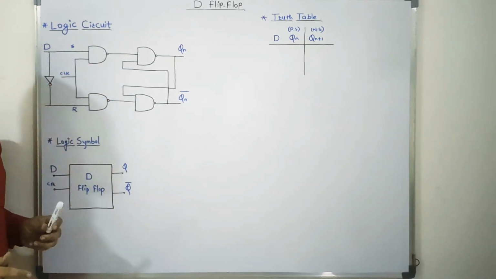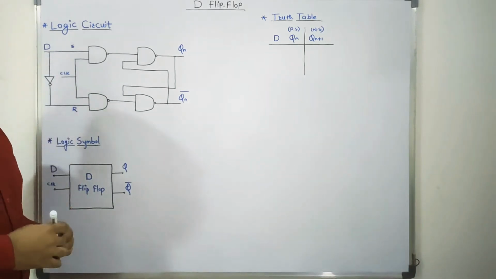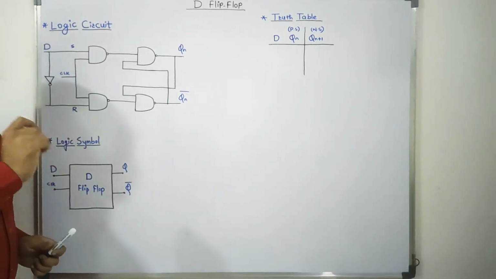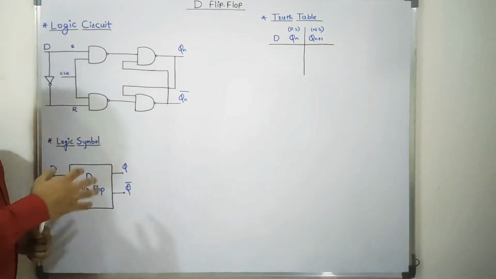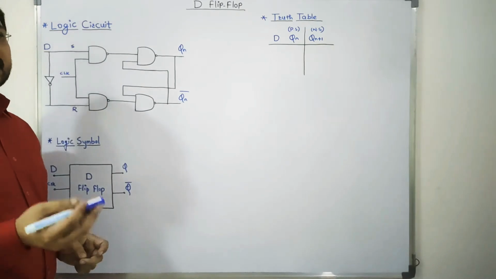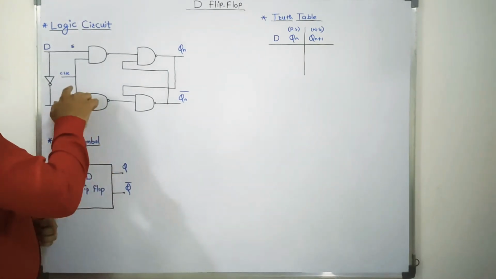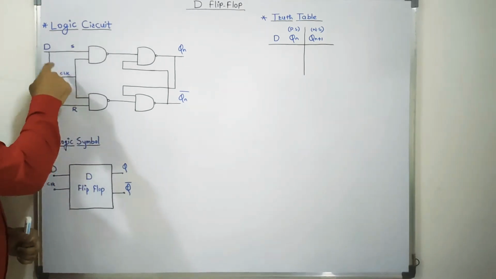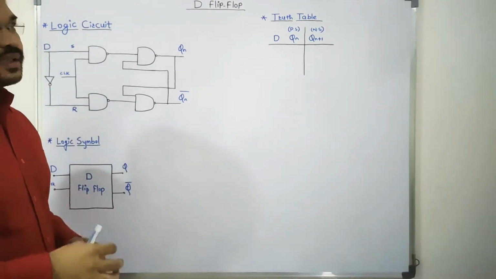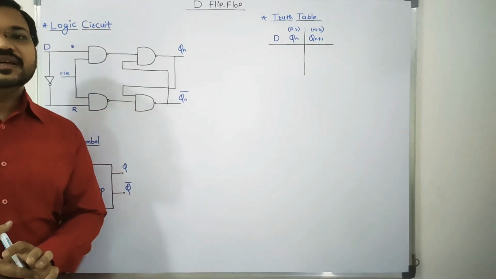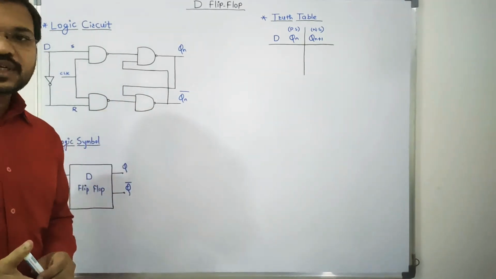This clock pulse plays a very important role in the D flip-flop. When the clock pulse is 1, you will get the proper, or required, output. So this clock pulse should be 1. If the clock pulse is 0, then the circuit is in the no change condition.